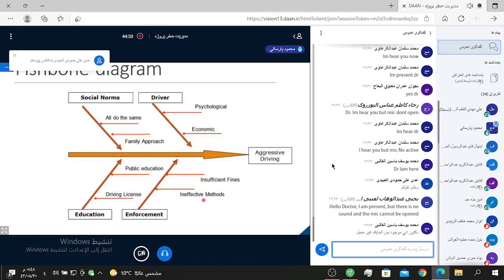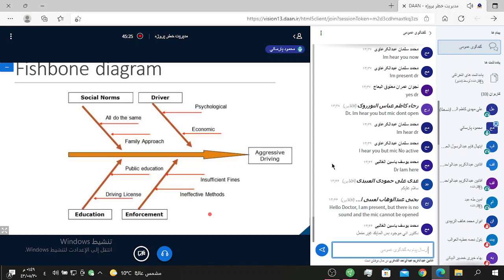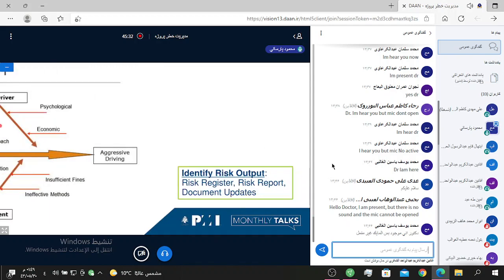And about enforcement, there are some items such as ineffective methods and insufficient fines or rules in the society. This example is about aggressive driving.